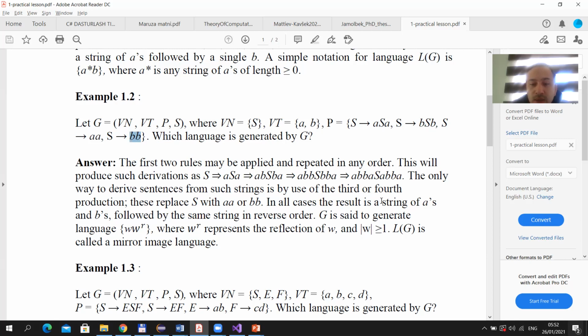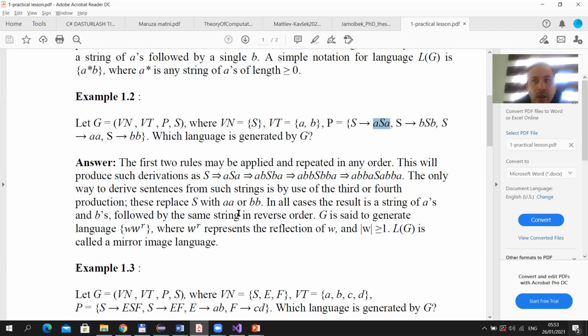In all cases, the result is a string of A's and B's followed by the same string in reverse order. So you know, a palindrome string.